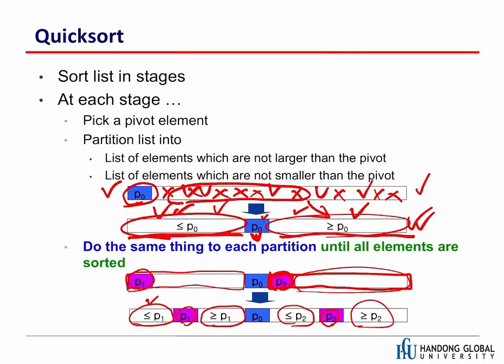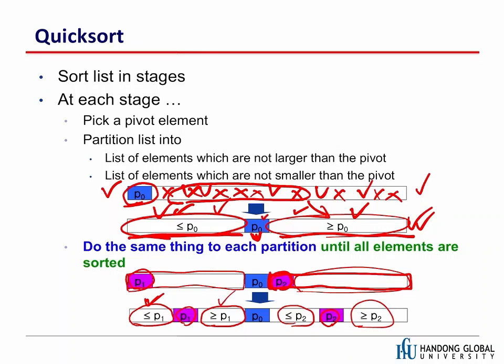And if this one has more than one element, so if we have two elements or more, as long as it is not one element, then we apply the same thing. If this is just one element, then it is sorted, so we cannot do any more. We keep doing this until we have one element in these partitions. So sometimes we have one element on the left side, but five elements on the right side.